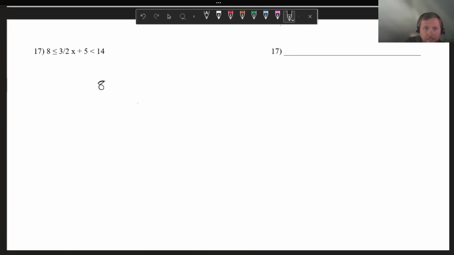Number 17, we have 8 is less than or equal to 3/2 x plus 5 is less than 14.